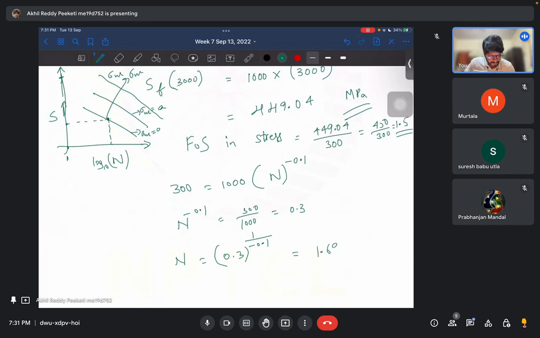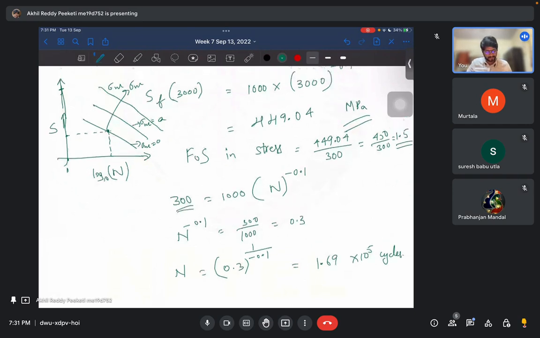This is almost 1.69 times 10 to the power 5 cycles. So if your alternating load is only 300 MPa, then it can sustain 1.69 times 10 to the power 5 cycles, compared to the 3000 we are looking at.